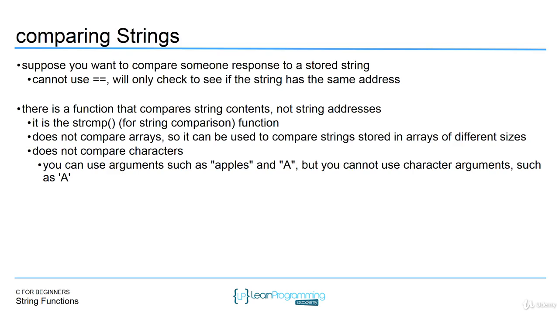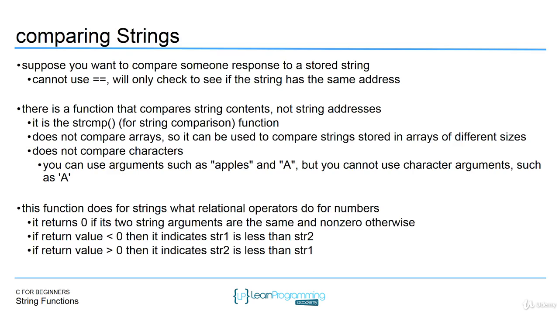This is going to compare the string contents. It does not compare the arrays, so it can be used to compare strings stored in arrays of different sizes. It does not compare characters. You can use arguments such as "apples" and "a" in double quotes, but you cannot use character arguments such as a single character 'a'. This function does for strings what relational operators do for numbers.